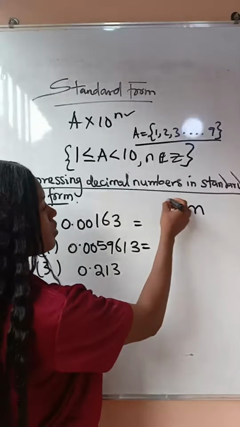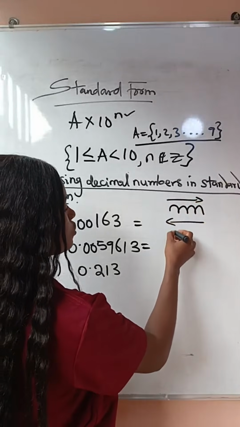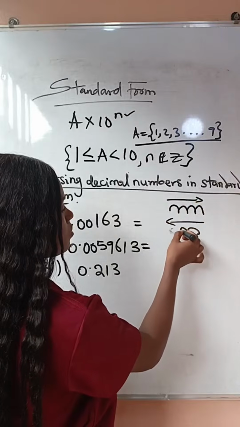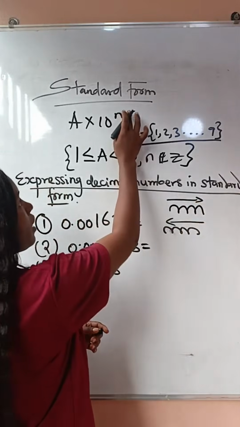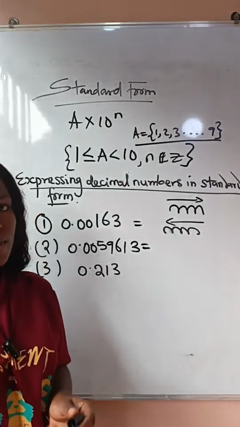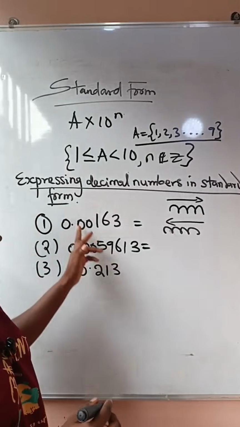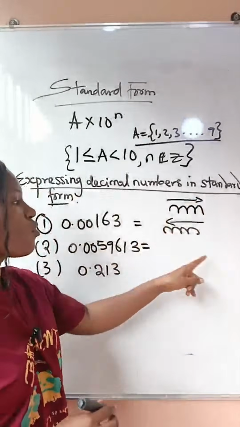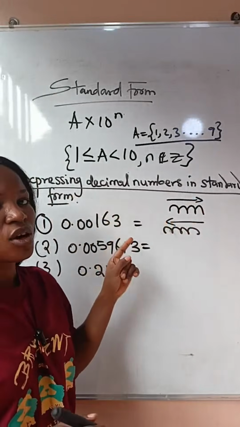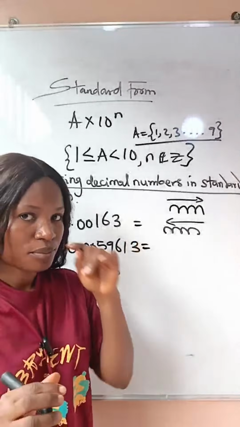If you move your decimal point to the left, I'm trying to summarize what we did the other time, your n will be positive. So if you move your decimal point to the right, your n is negative. If you move your decimal point to the left, your n is positive.